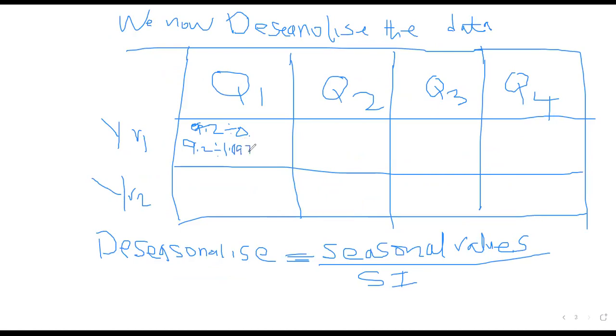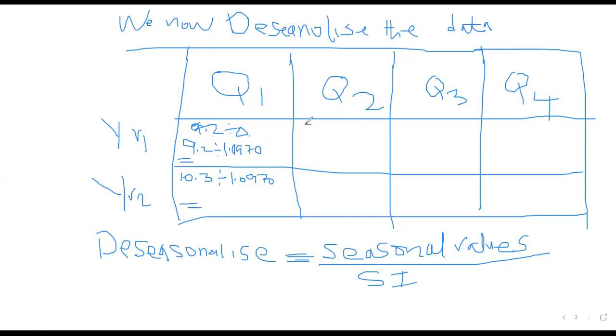Then the other one here, 10.3, we also divide by the same 1.0970, and we can find the value here.